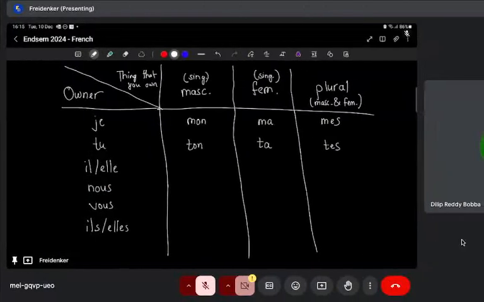For il and elle, it's also the same story. Now instead of t, you will use s. So one thing to remember: son, sa, ses.